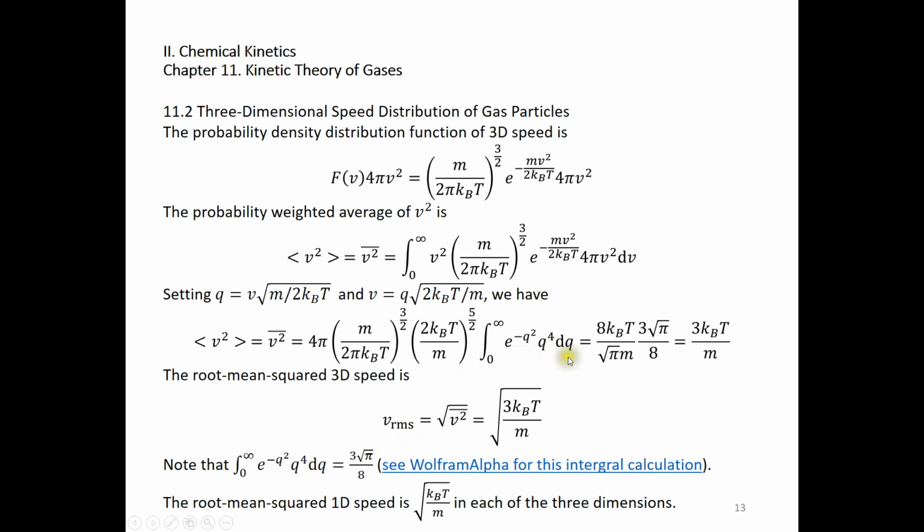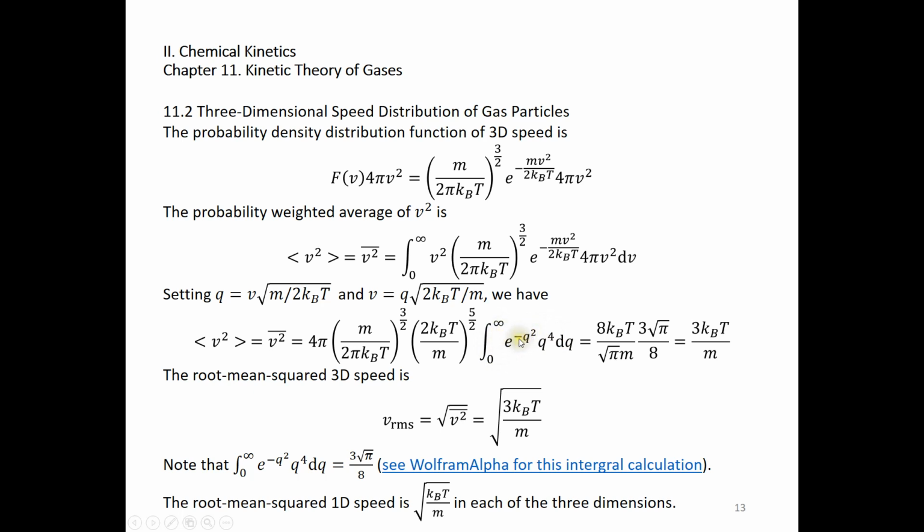If you really want to do it by hand, it's doable. We will keep lowering this power, until the power becomes 0, and then we know the integral of e to the power of negative q squared dq from 0 to infinity is square root of pi over 2.